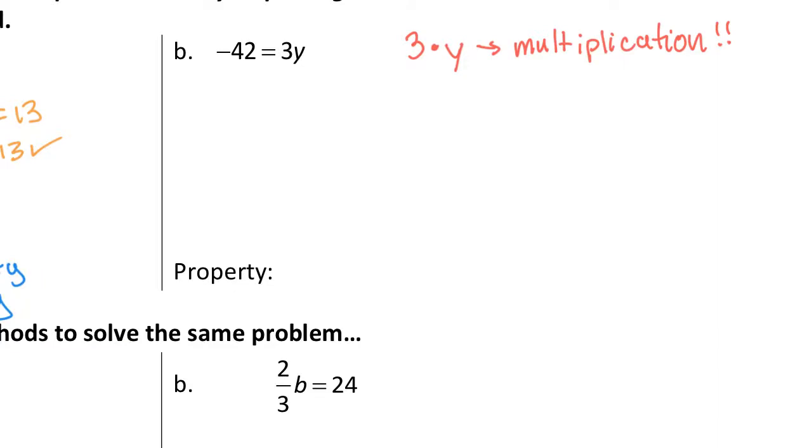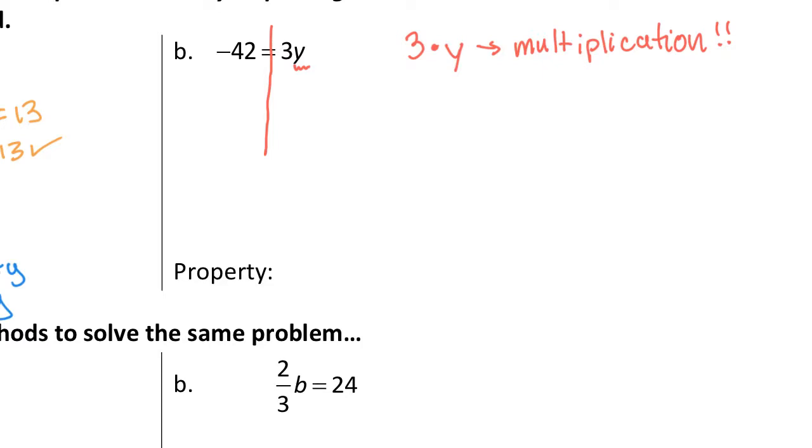So now that we know it means multiplication, we're ready to solve our equation. You can see right here, this time it's on the right side of the equal sign. I want to move that 3 to the other side. And since I've got multiplication to begin with, the opposite would be division.